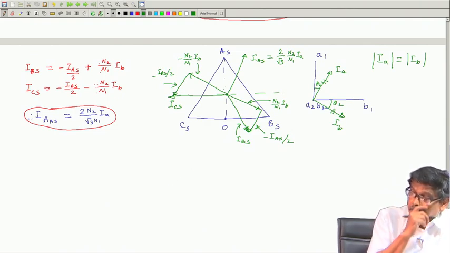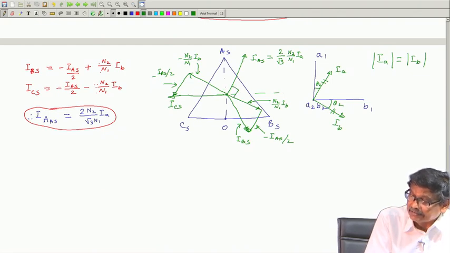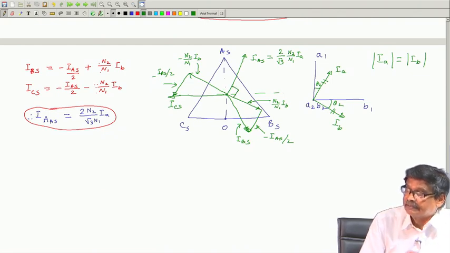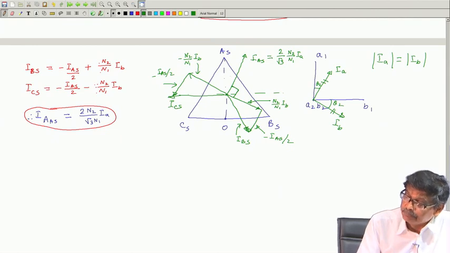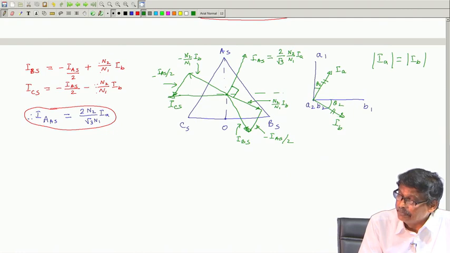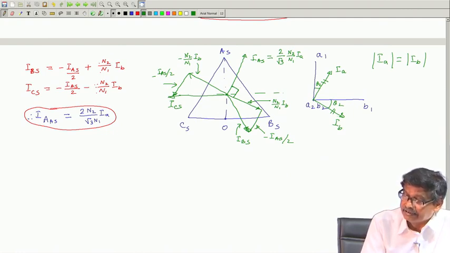So, this is the thing, and obviously, this angle is 90 degrees, because I have shifted IAS by theta 2, same angle. Similarly, IB is shifted by theta 2. So, this angle is 90 degree.